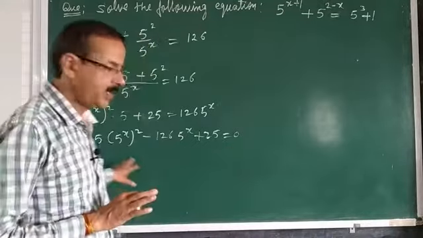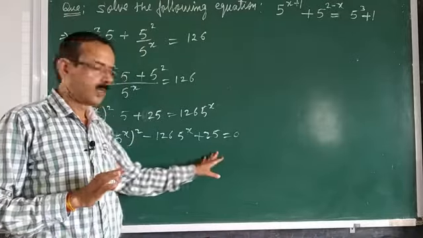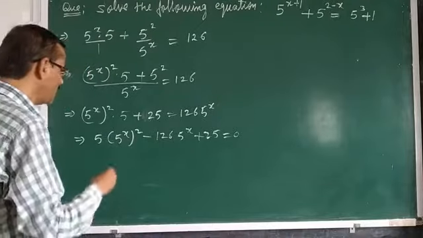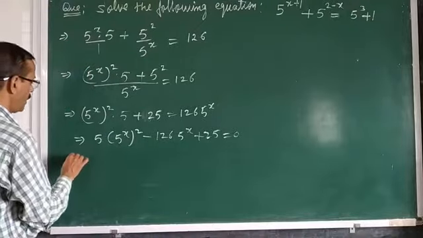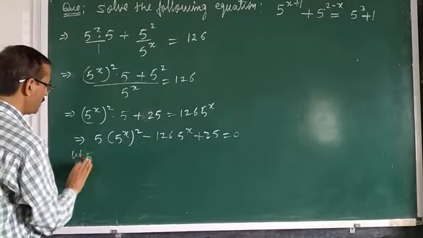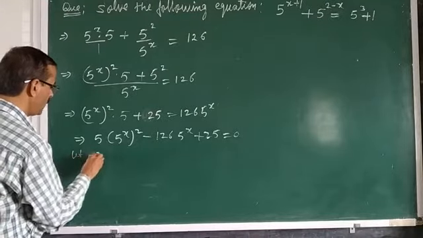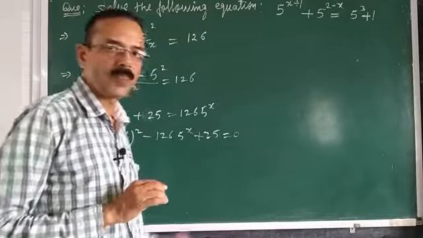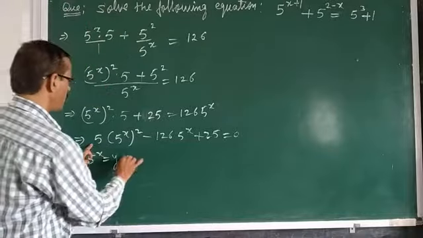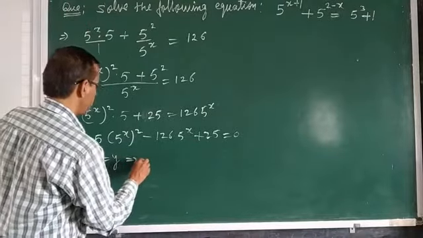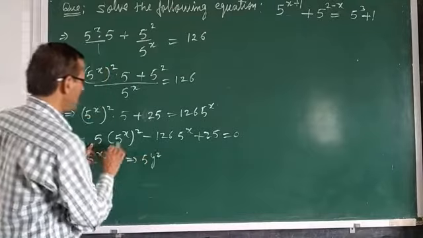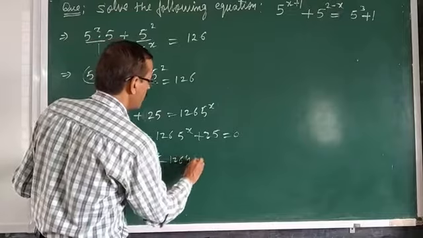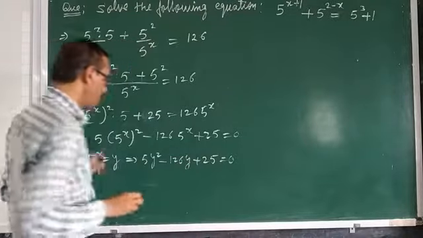If you want to see it simply or solve it, you can write: let 5 power x be equal to y. In the place of 5 power x, I am going to write y. So we can write 5 y squared minus 126 y plus 25 is equal to 0.